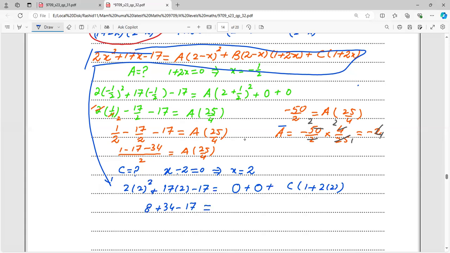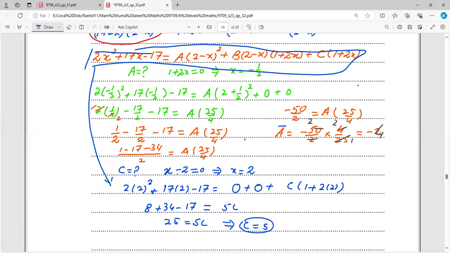If I'm not wrong, I will get 5C. 17 plus 8 becomes 25, which is equal to 5C. After calculations, the answer of C is 5.